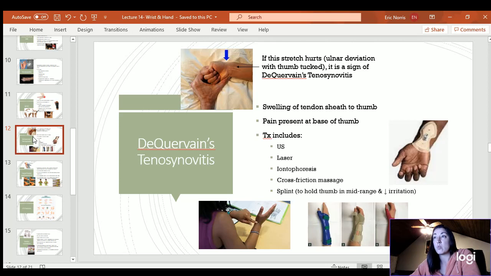Of course, once all the pain has subsided, you may do some slight strengthening, but typically mainly focus on decreasing the irritation and the inflammation to the area.